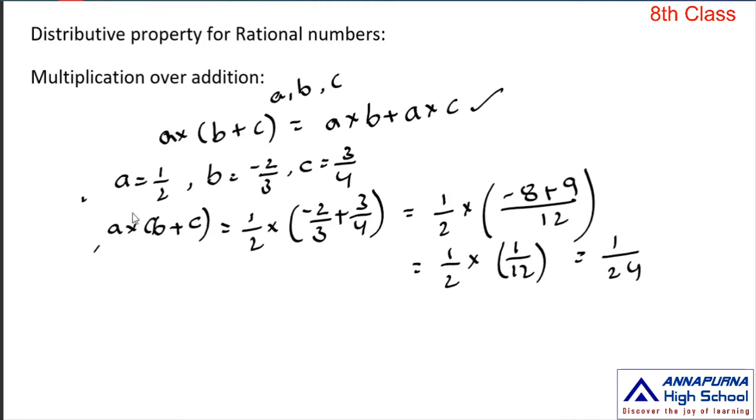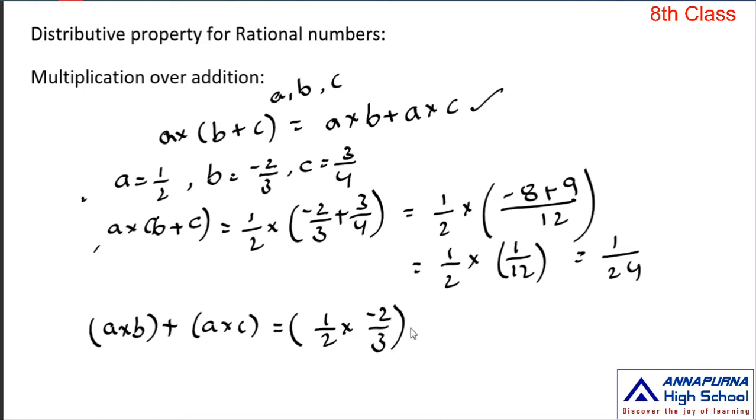Now take these three values in the right side part. What is the right side of this distributive property? That is a into b plus a into c. It is equal to 1 by 2 into minus 2 by 3 plus 1 by 2 into 3 by 4.